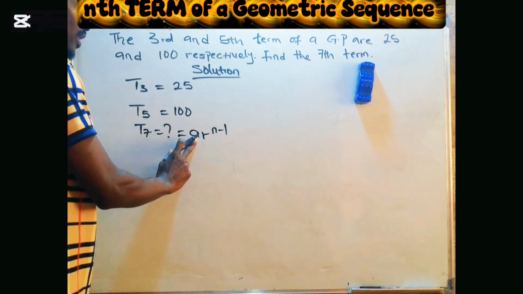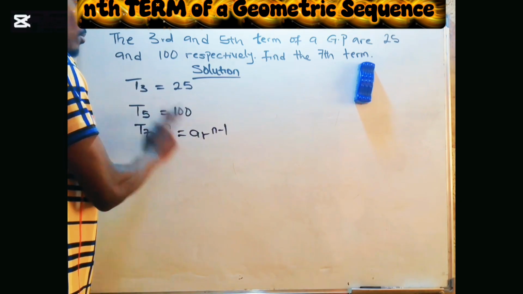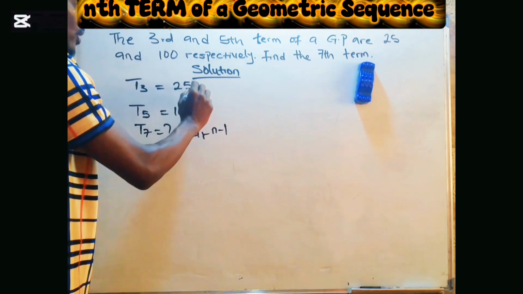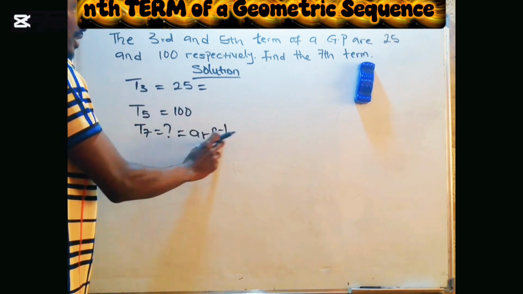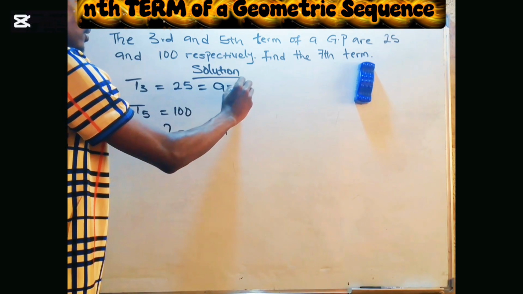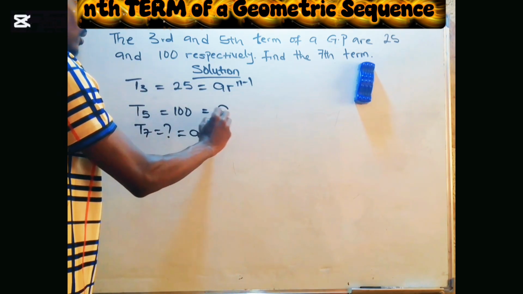Now, we don't know A, we don't know R, but we are given the third term as 25, the fifth term as 100. So let's equate this with the nth term of a GP, which is AR raised to the power n minus 1.